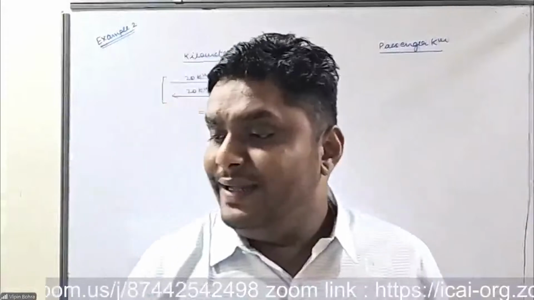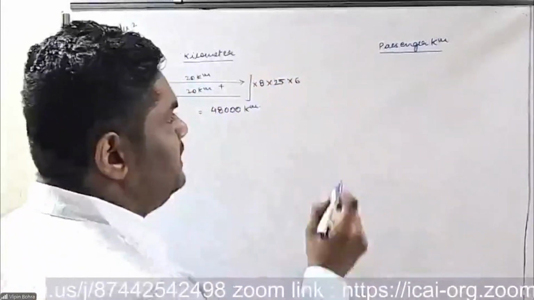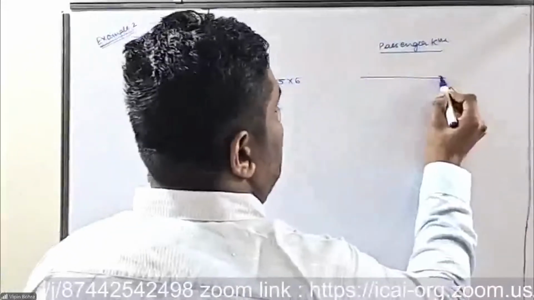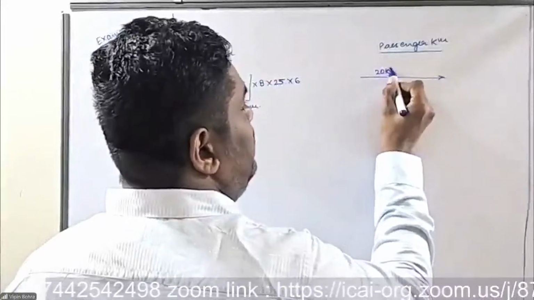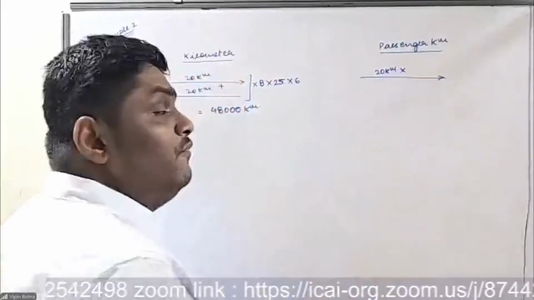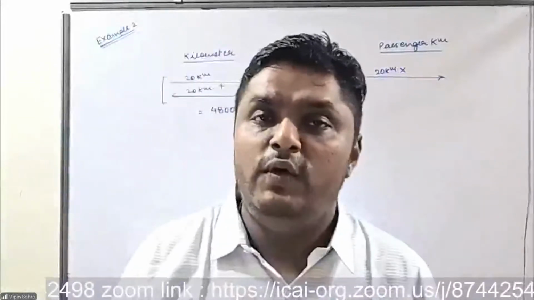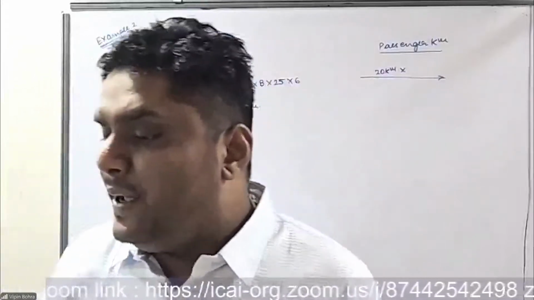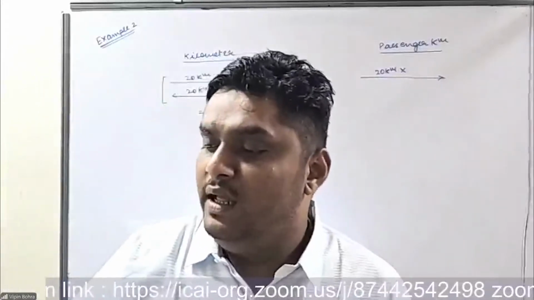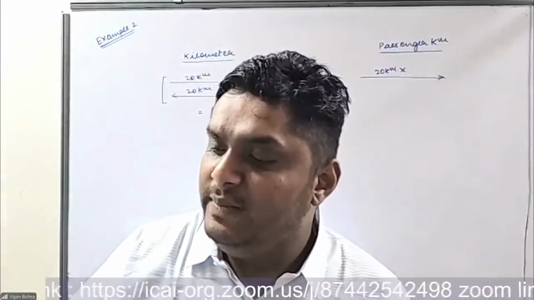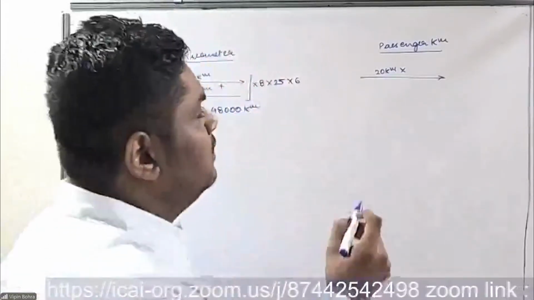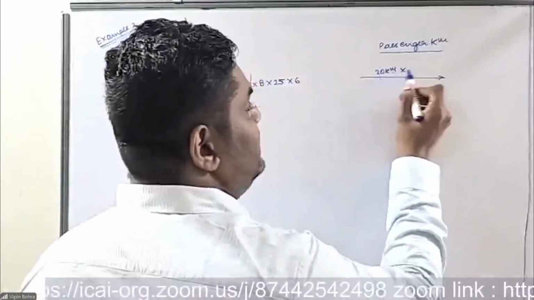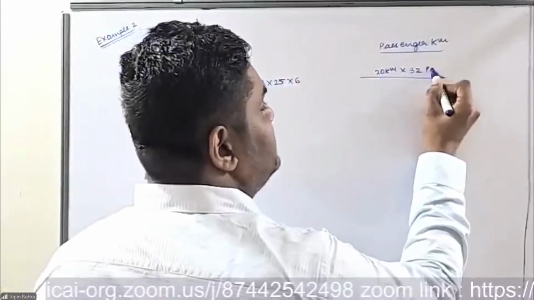Now, when talking about the calculation of passenger kilometers, again the same approach. 20 kilometers one way with the number of passengers. Here we have to consider the passengers as well as kilometers. So the seating capacity of the bus is 40 passengers and the normal occupancy is 80%. So 20 kilometers they are traveling with 32 passengers.